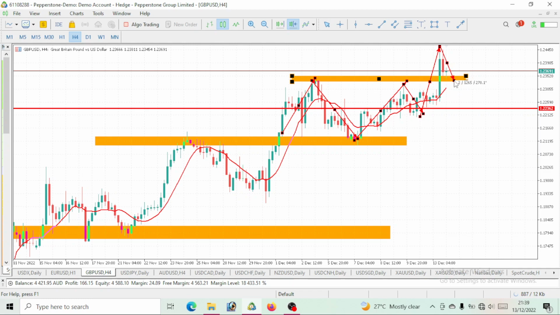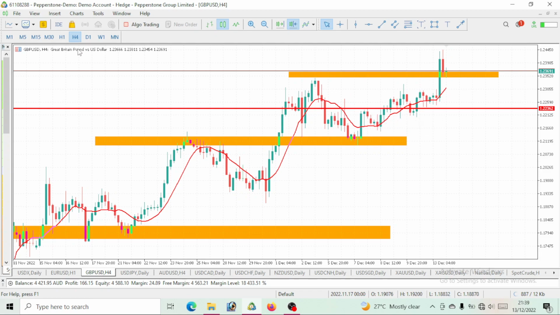Now that we've gotten a pullback, we expect a further movement up. So one of the reasons why for the next day, which is the 14th, we should expect this GBP USD to give us a bullish move. For both the daily time frame and the 4-hour time frame, we are expecting a bullish move.